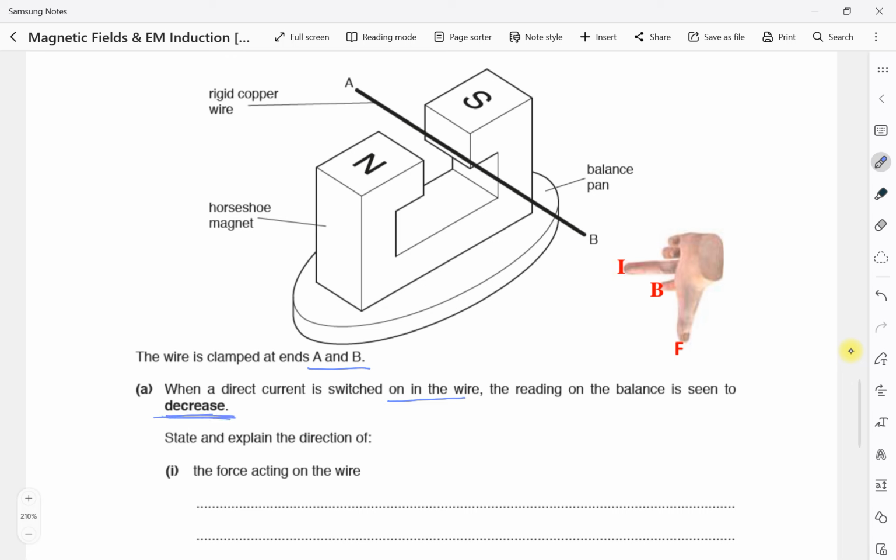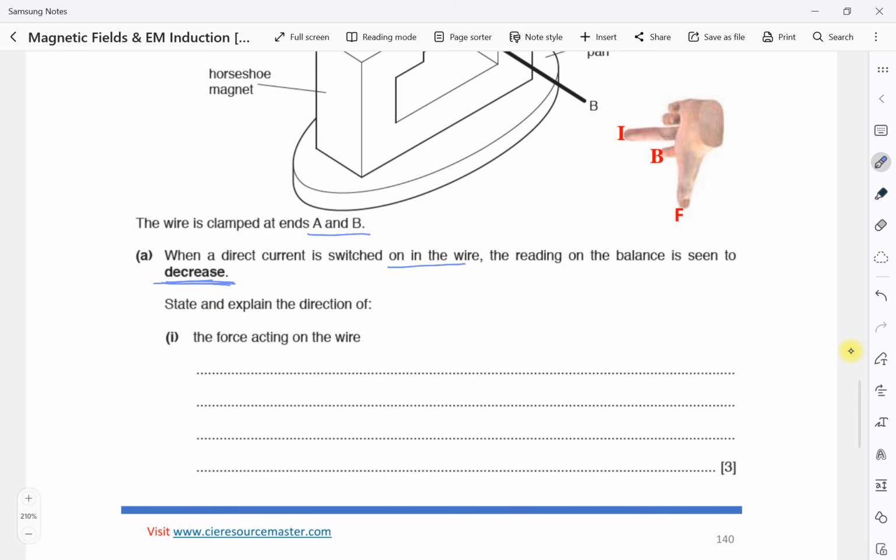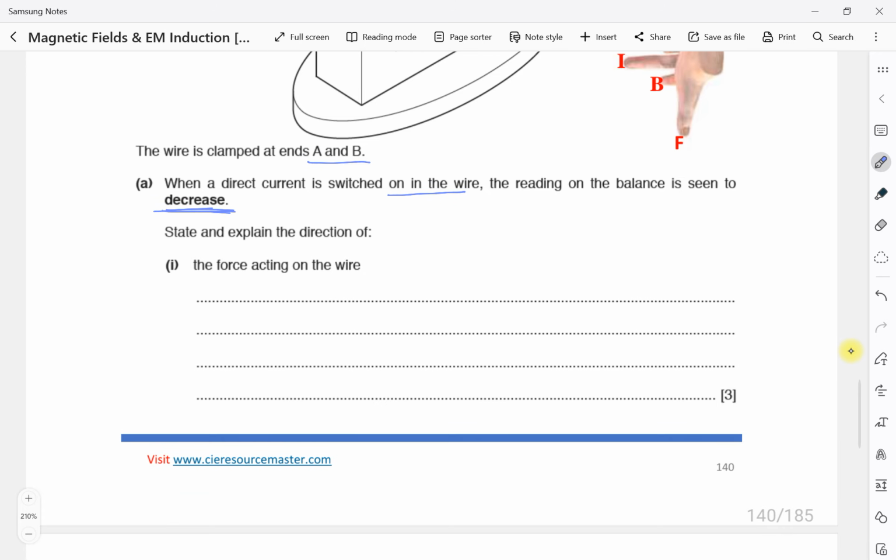Now, if the reading on the balance is to decrease, it means that the force on the magnet is upwards. That's why the reading is decreasing. If the force on the magnet is upwards, by Newton's third law, the force on the wire should be downwards. State and explain the direction of the force acting on the wire.